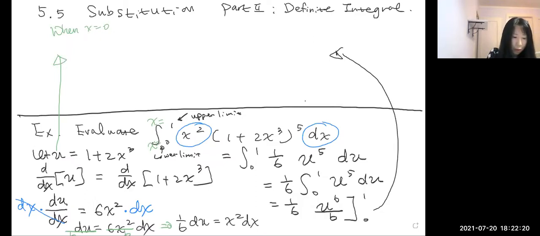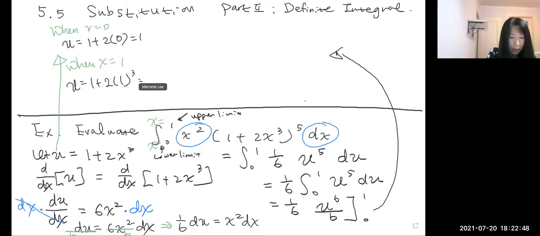So we have u equal to 1 plus 2 times 0. So we get 1, right? When x equal to 1, then u equal to 1 plus 2 times 1 to the third power, which is 3.